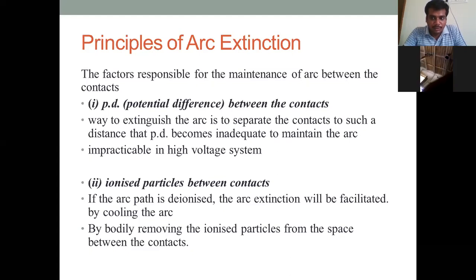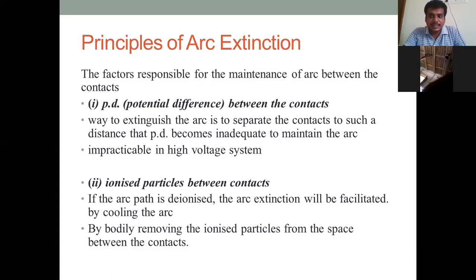So we have to remove the arc. The best way is to separate the contacts such that the potential difference becomes inadequate to maintain the arc. This is possible in the case of low voltage systems, but it is impractical in the case of high voltage systems. Okay.